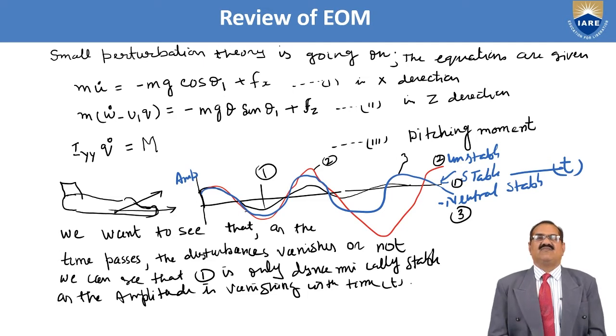Next equation of motion is m w dot minus u1 q is equal to minus m g theta sin theta 1 plus Fz. This is the force in z direction, meaning up or down.